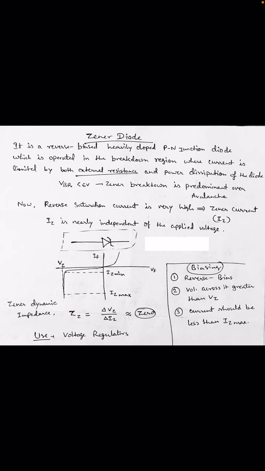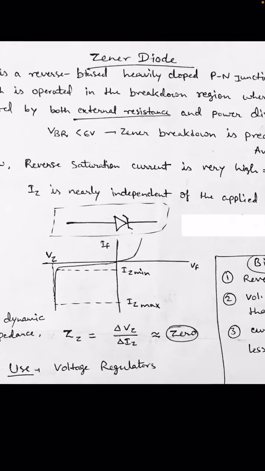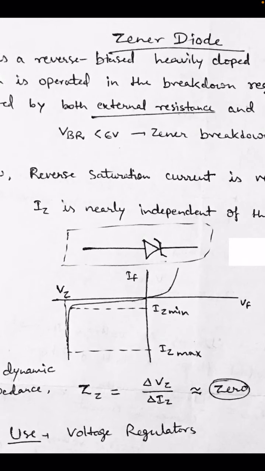Okay, so Iz minimum and Iz maximum we can identify from this graph. If I zoom in here, the saturation current is Iz minimum first, and when the breakdown occurs, it is the highest value, Iz maximum. And you can see here that Vz is not changing in both cases.